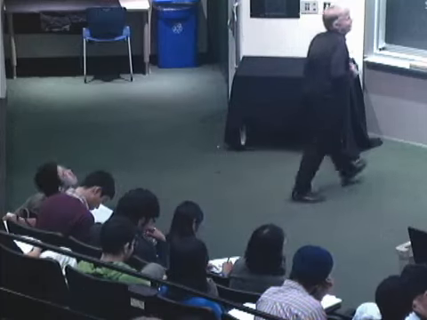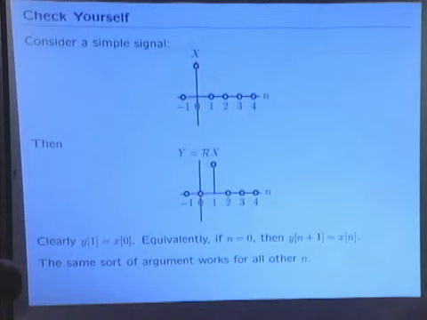To think about that, one easy way is by example. Examples can't prove that something's true, but they can quickly prove that something's false. So if you think about the simplest possible signal, say a unit sample, if you applied R to that, it would shift it to the right.